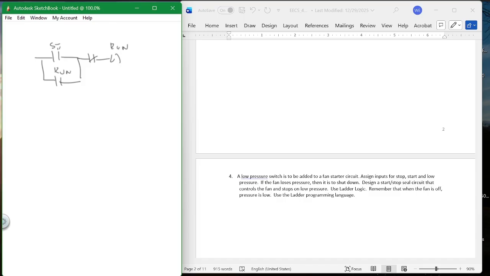This is the start, this is the stop, that's the run. What's wrong with that in this case? You can never start the circuit because you've got a low pressure switch in there. So you have to add a low pressure switch, and you can either add it here or you can add it here, but you have to add this low pressure switch like that, okay? But you can't get around it.